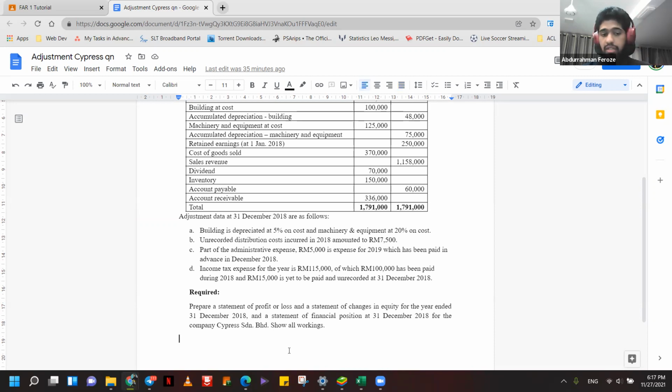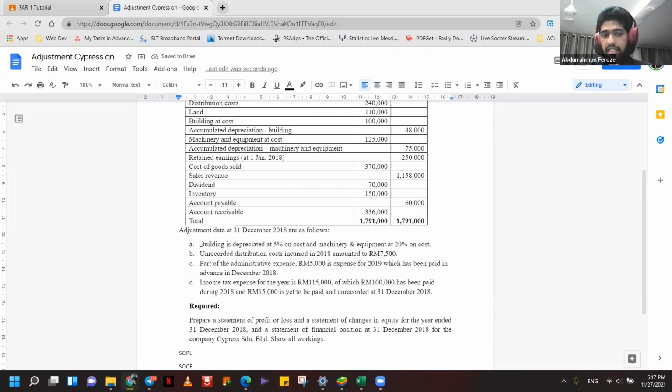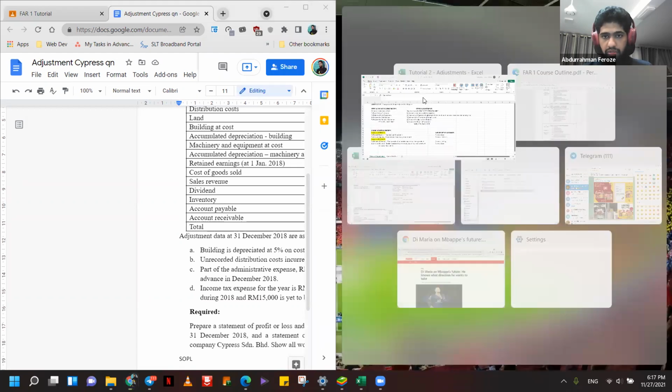So basically what is required of you is an SOPL, an SOCE, and a SOFP. And these are the journals or the transactions that were not recorded during the year. For these transactions, you need to make adjustments. So let's go through them one by one, and let's solve them together.